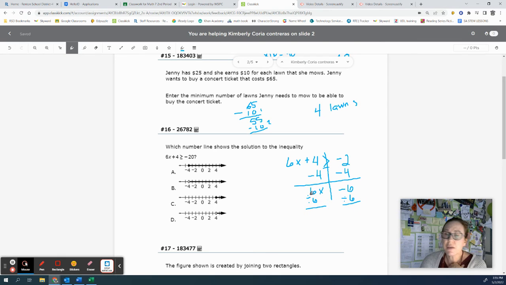So we're dividing by a positive number. We have a negative number over here, but we're not dividing by that negative number. We're dividing by a positive number. So that takes care of this. We've got x over here, and a negative divided by a positive does equal a negative answer. But we didn't divide by a negative number, so we do not switch our inequality.